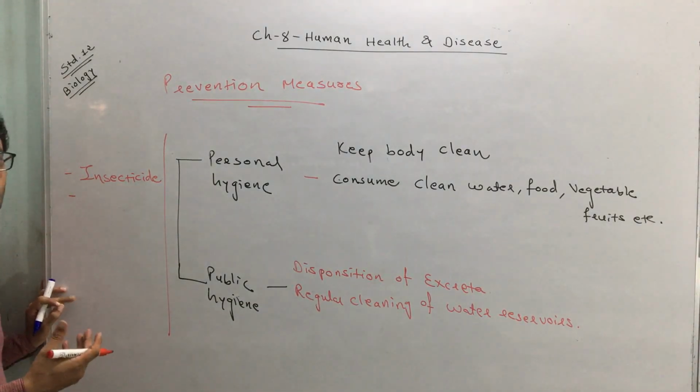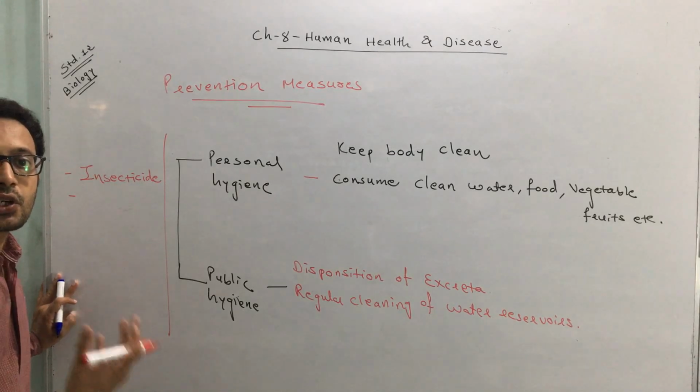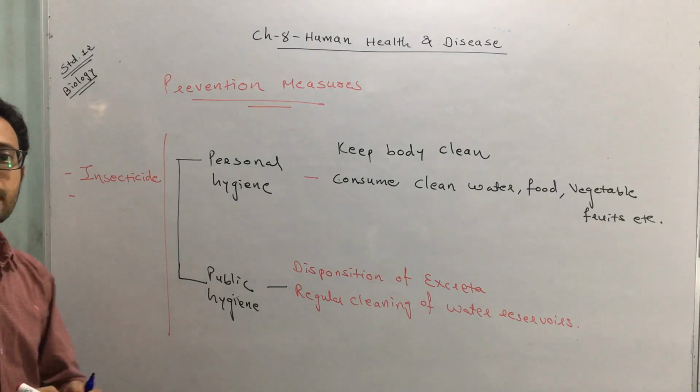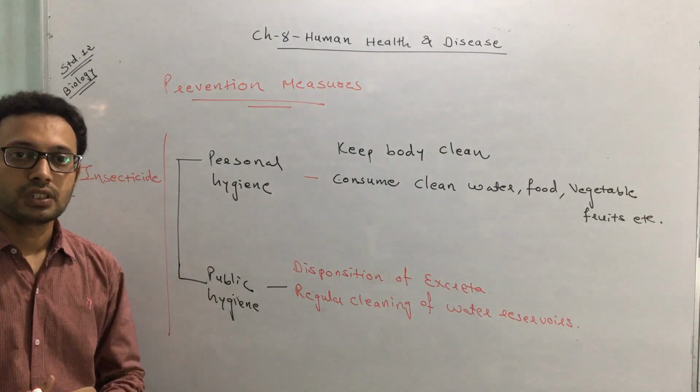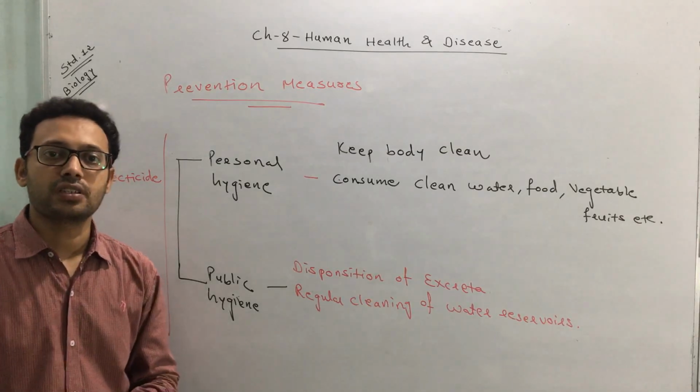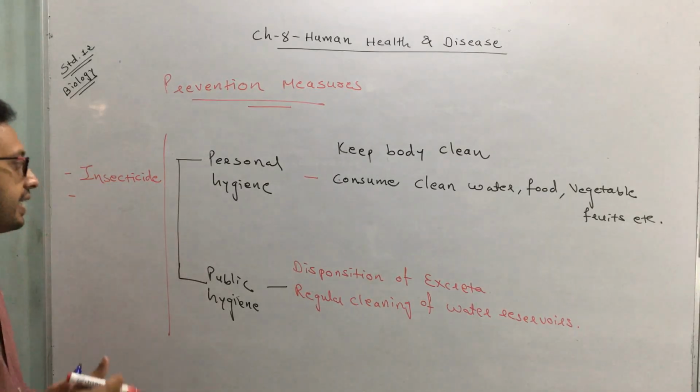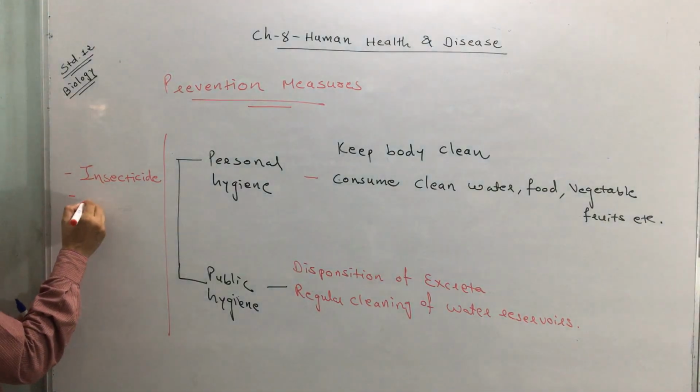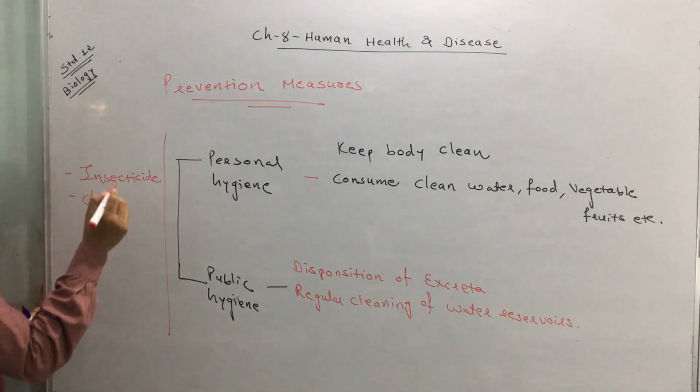In case of mosquito, the water is a medium for the growth. You know that mosquito easily grows in stagnant water. So in the case of stagnant water, we try to clean this stagnant water.